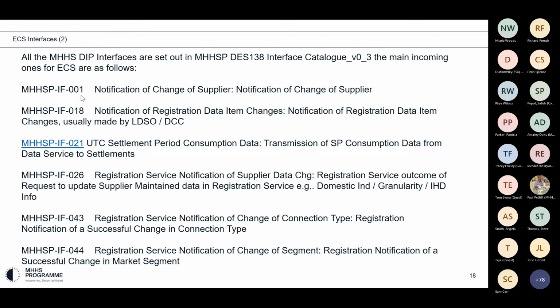So it's got the IF01, which is notification of the change of supplier, A18, which is any changes to other data items within registration data. Then there are some specific ones, like changes to the connection type.